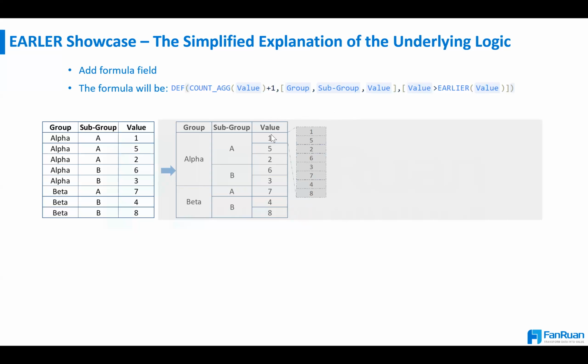Here, we are going to calculate value with the count aggregation function. For the very first cell, it will expand the whole column, from the first row to the last row. And then the EARLIER function gets the value of the current calculated row, which is the very first cell.